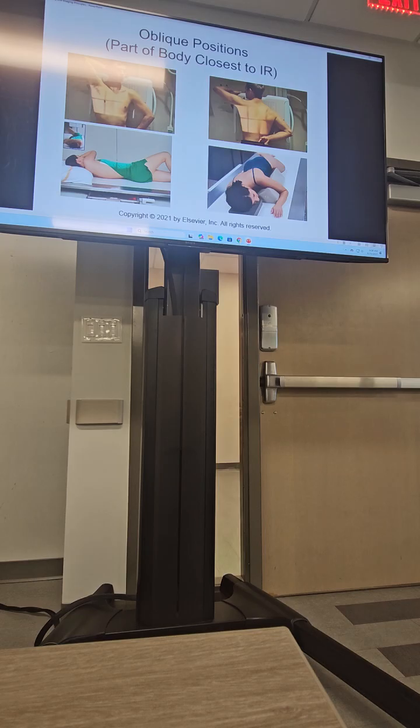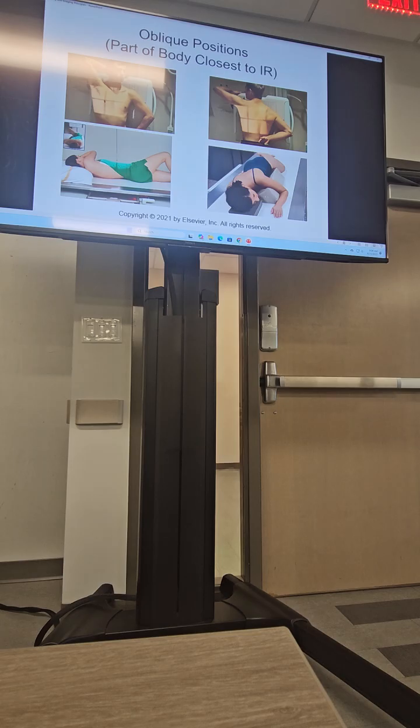We love abbreviations. Okay, let's see here. This oblique is what? We're starting from the body part. We have left, we have right. So which part is touching the image receptor?